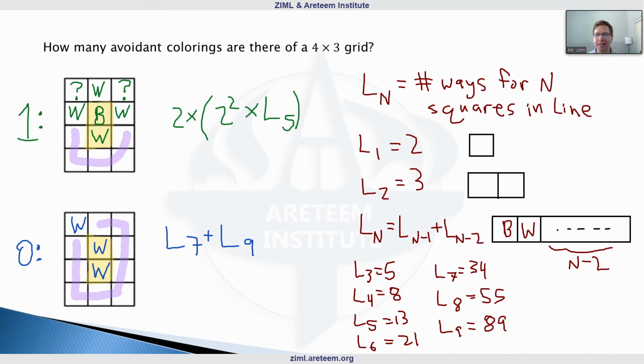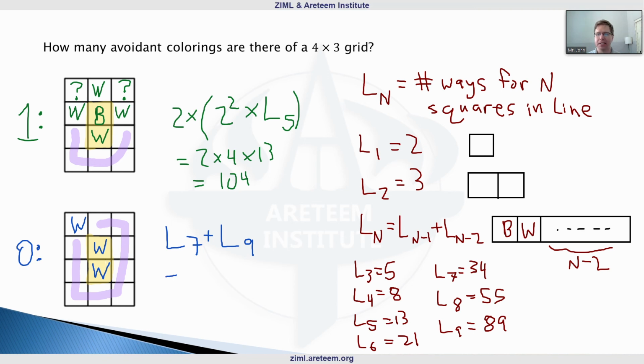So going back to case 1 now, we have 2 times 4 times L5, which we said was 13. So 2 times 4 times 13, 8 times 13, we are going to get 104 for that scenario. What about the second case?